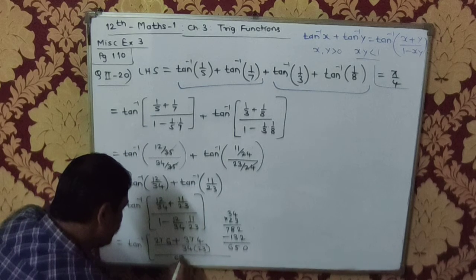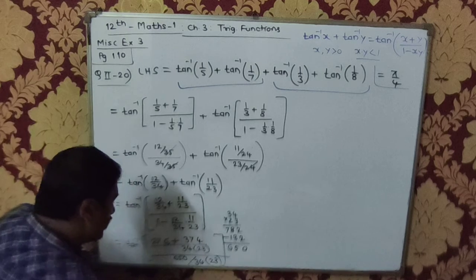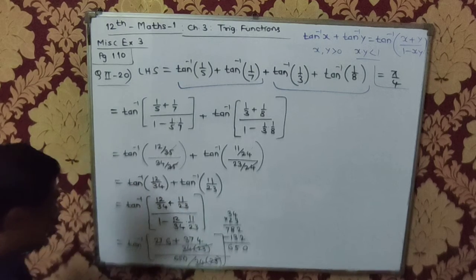This is 650 upon 34 into 23. So this 34 into 23 gets cancelled.